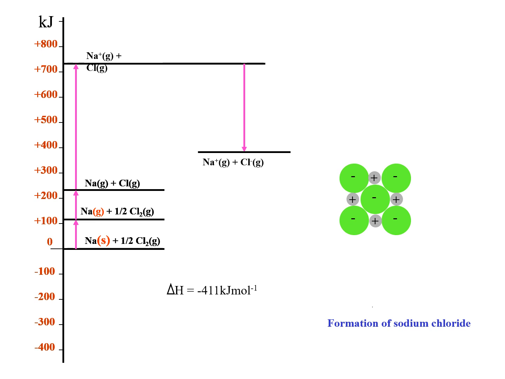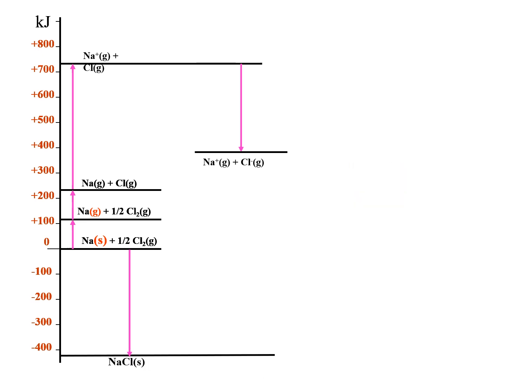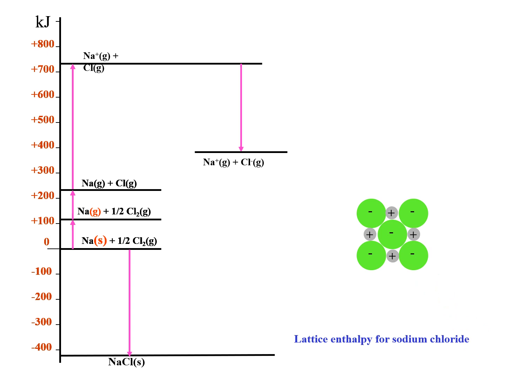That process is highly exothermic, so we're going down to form sodium chloride solid. And then the last arrow that we want to include on our Born-Haber cycle is the combining of the gas phase ions, so the sodium ion and the chloride ion. And that is what our lattice enthalpy is, sticking these gas phase ions together to form sodium chloride.